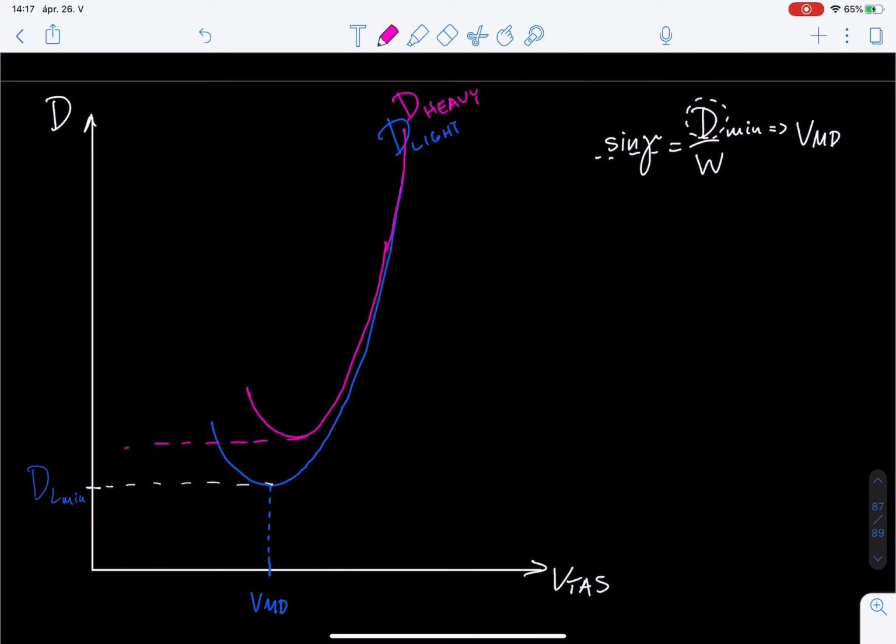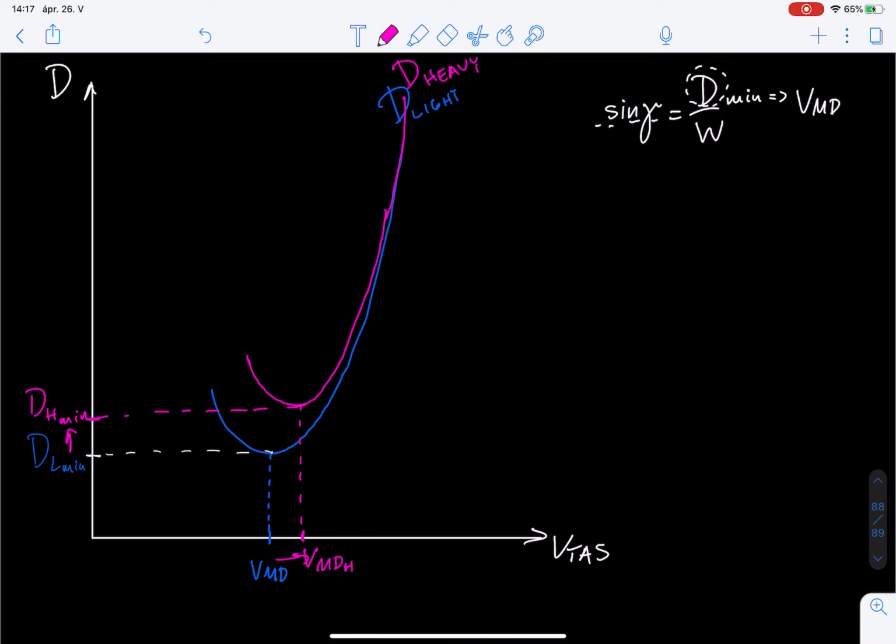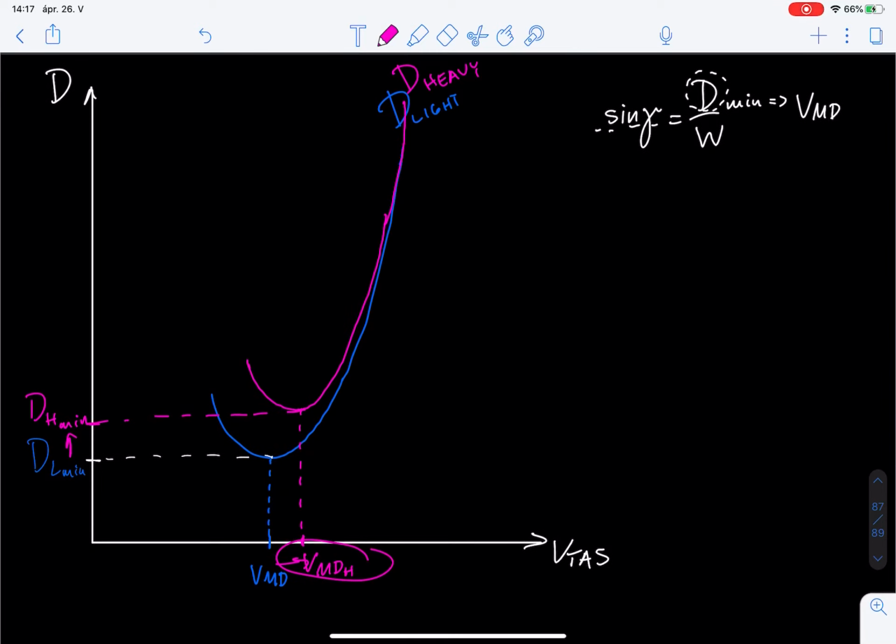Essentially, the minimum drag increased because of the increase in mass, and also the VMD heavy is larger than the VMD light. So therefore, the flight path angle hasn't changed, but we need to maintain a higher speed to be able to maintain the same flight path angle, right? I think, and I hope that makes sense to everybody.